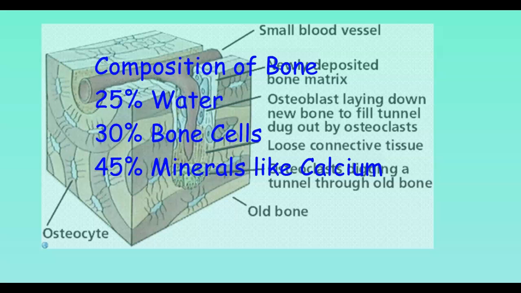Bone is about 45% minerals like calcium, and minerals like calcium are found in rock, which makes bone hard like rock. However, unlike rock, bones contain cells which, if damaged, can undergo mitosis and secrete the correct ingredients to basically remanufacture that bone.